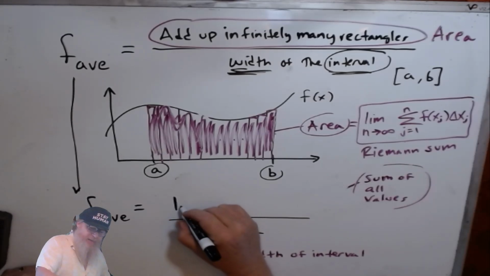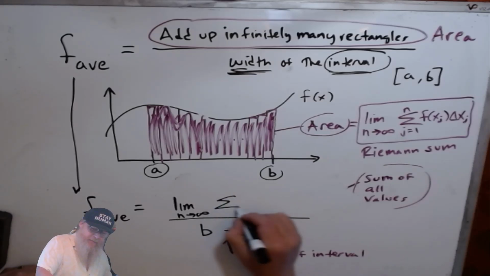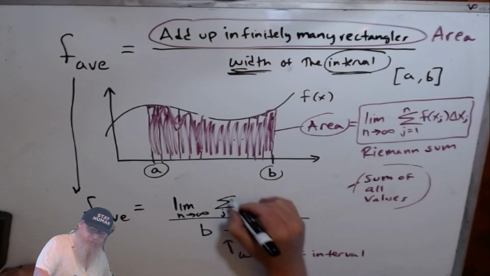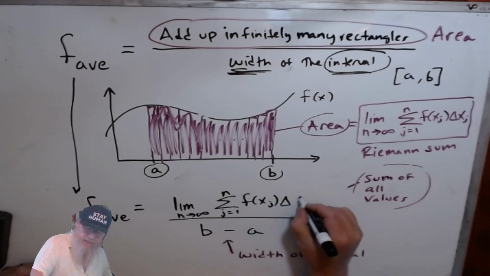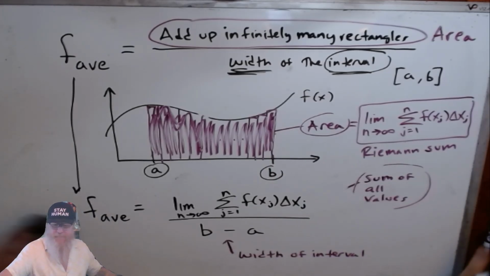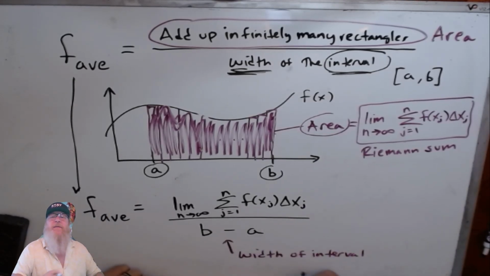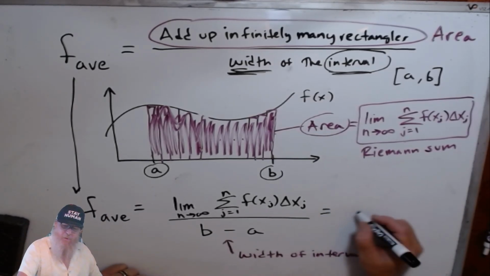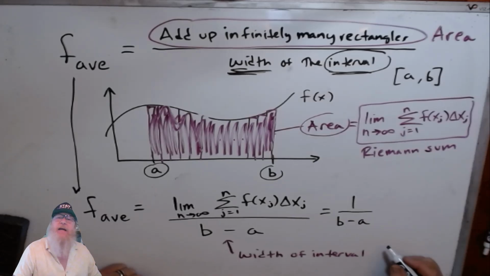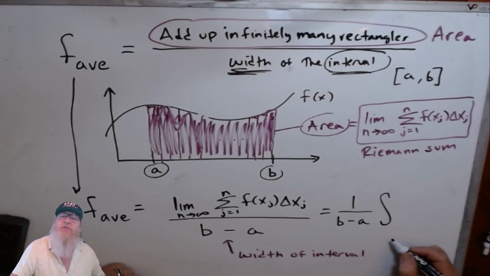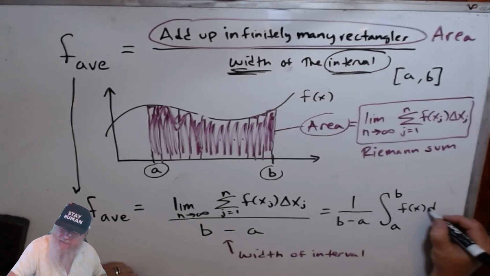So we have the limit as n goes to infinity of the sum from j equals 1 to n of f of xj delta xj all over b minus a. Or I like to write it like this: 1 over b minus a times the integral from a to b of f of x dx.